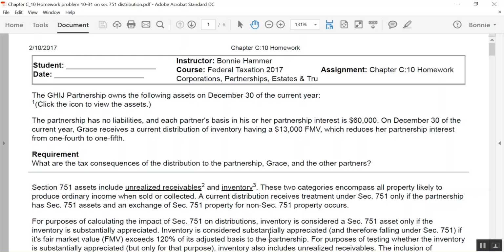So you can't even have this situation occur unless the partnership has both kinds of assets.